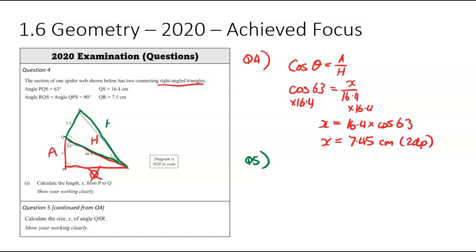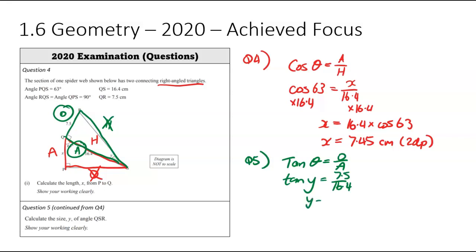So the hypotenuse is over here. We do not care about that side of the triangle. The opposite is over here, and the adjacent is down there. We care about the opposite and the adjacent, so we're going to be using tan. So tan angle is equal to O over A. We now substitute tan Y is equal to 7.5 over 16.4.